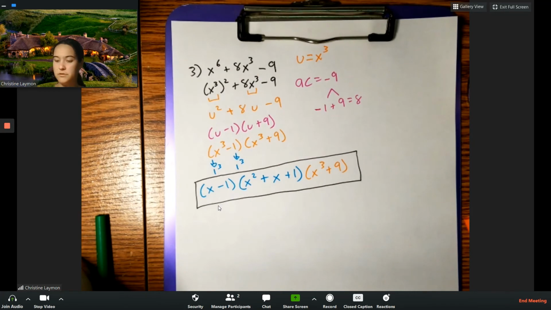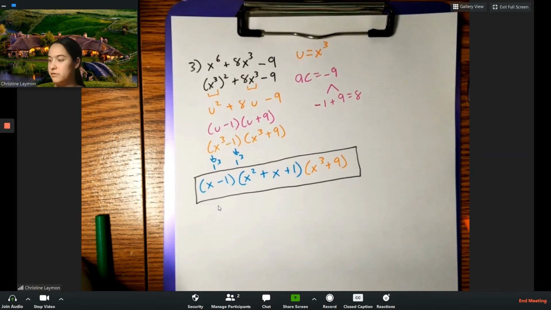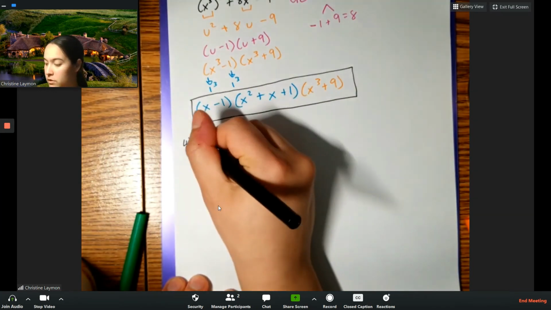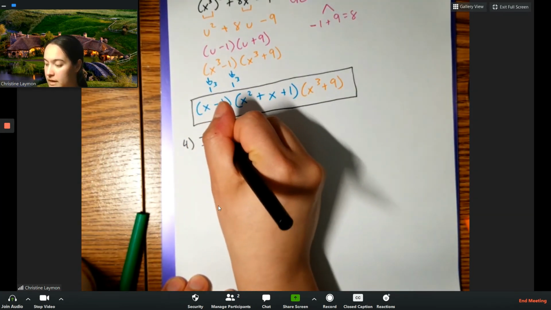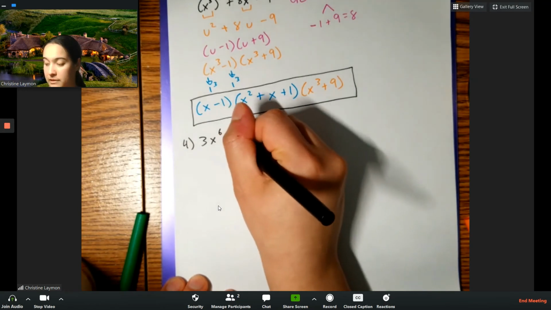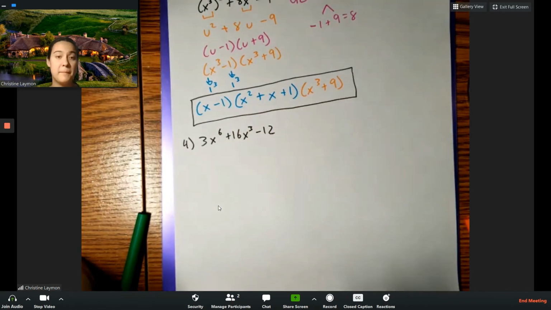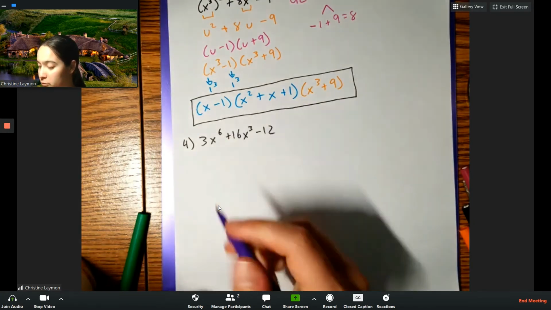Okay, let's go ahead and do one final question. So looking at 4, we're going to do 3x to the 6th plus 16x cubed minus 12. And notice that I have x cubed, I have x to the 6th. Let's go ahead and rewrite that.